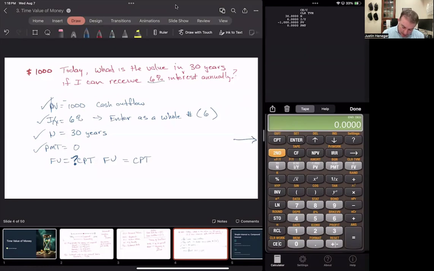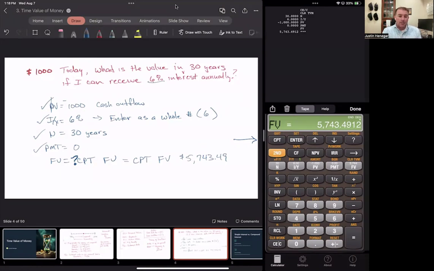And I'm going to compute my future value. Okay. And you notice that I get an answer of $5,743.49. As you can see, it is also a positive number, which means the investment is coming back to me as a positive cash flow to me. Okay, the money's coming back to me.